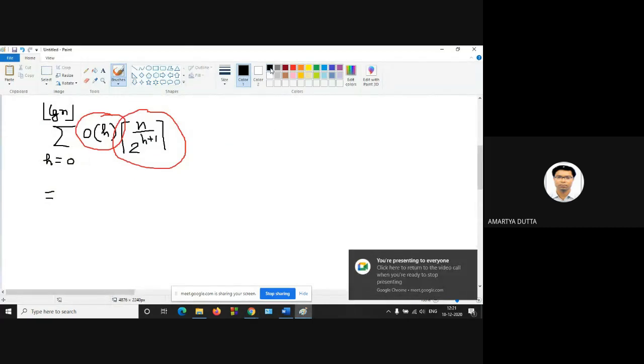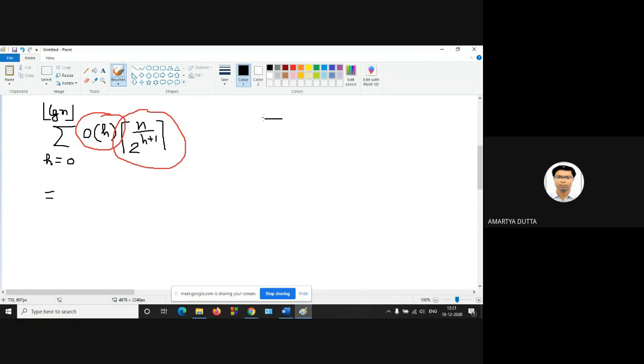According to the infinite GP series, we can write the summation of k into x to the power k, where k runs from 0 to infinity, equals x divided by 1 minus x, whole square.